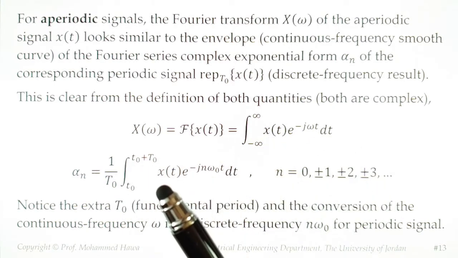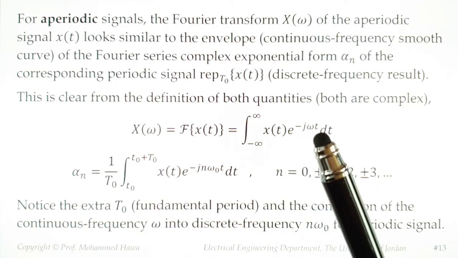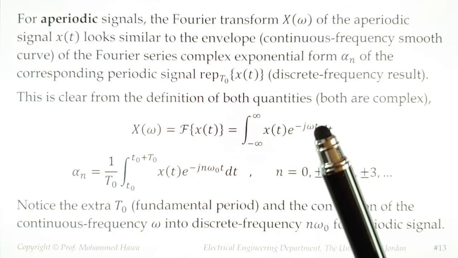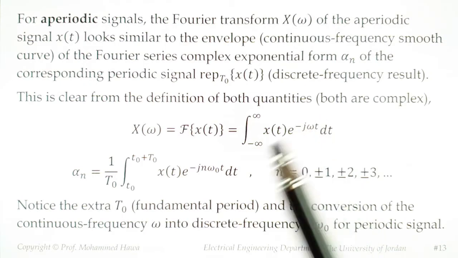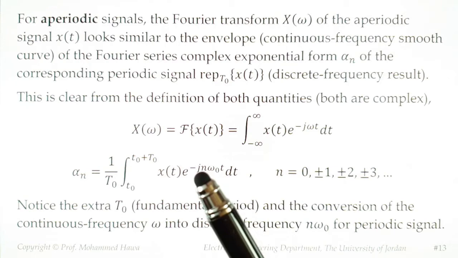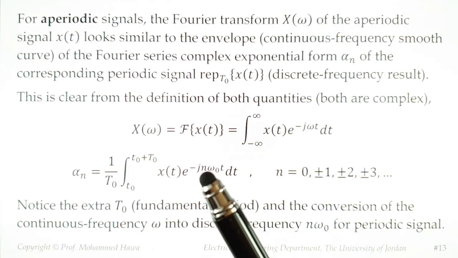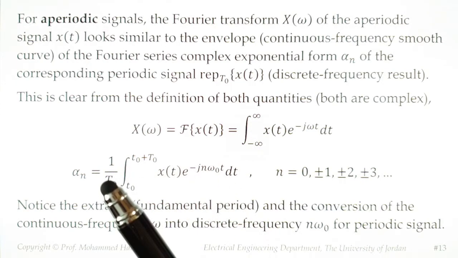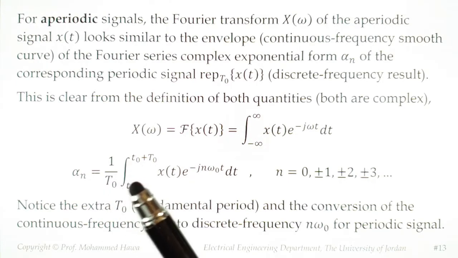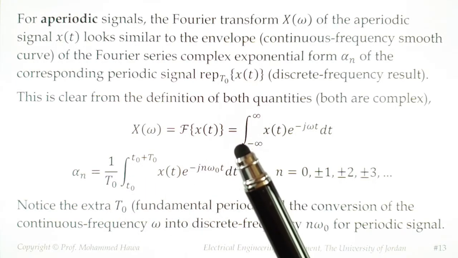You have x of t here, you have e to the minus j here, but instead of omega, which is continuous angular frequency, you have a discrete angular frequency here, n omega naught. That's one difference. Another difference is that you divide by T naught, the fundamental period, here, because the integral is over one period. Here you don't divide by T naught.